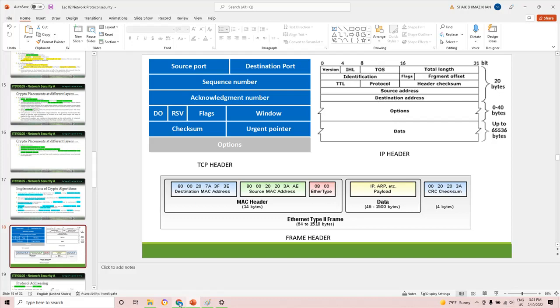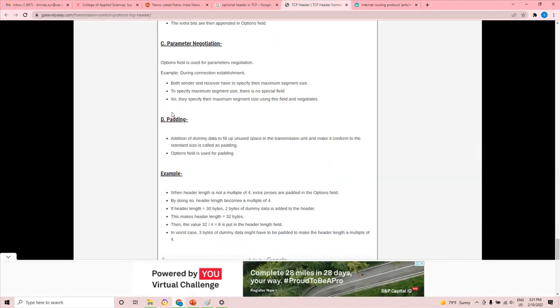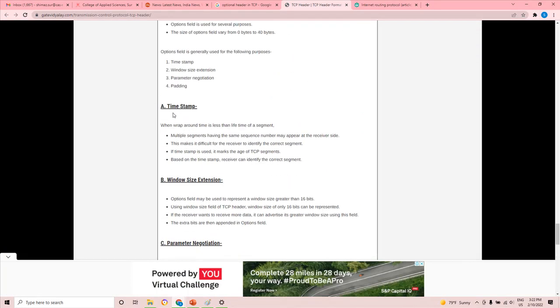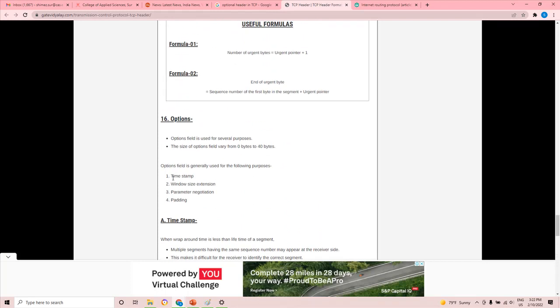Let's say, why do we need options? For example, in the TCP header, if you want to add a timestamp, to know what time this segment was created, you can make use of the option field.